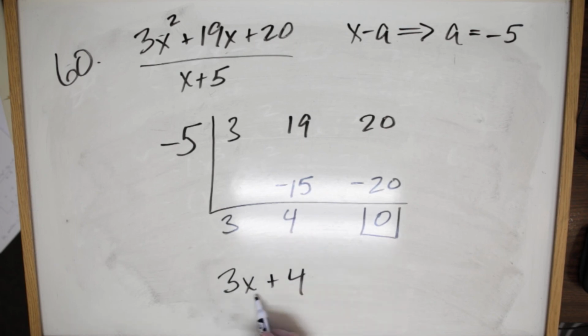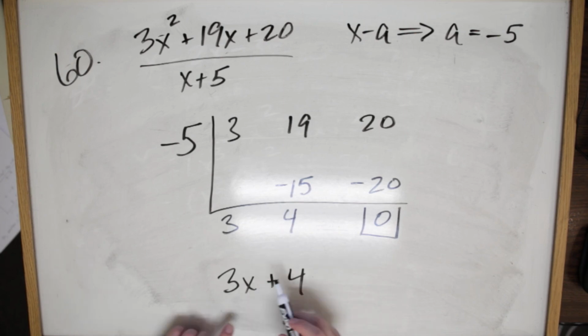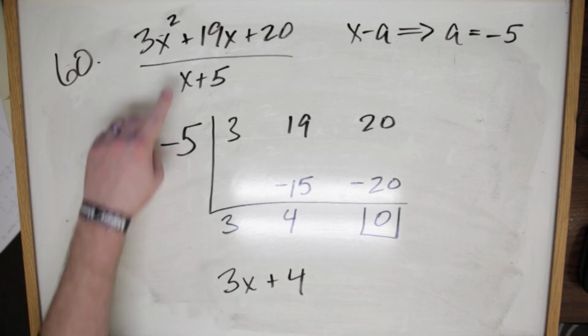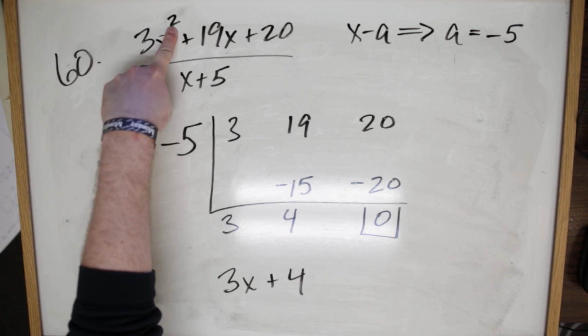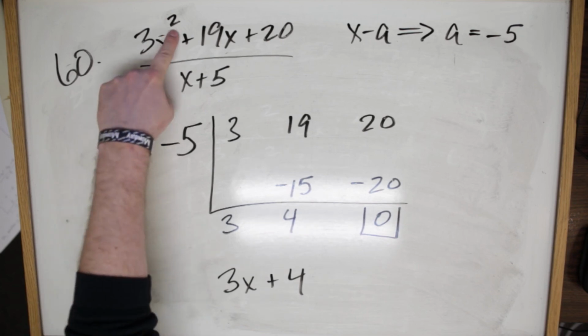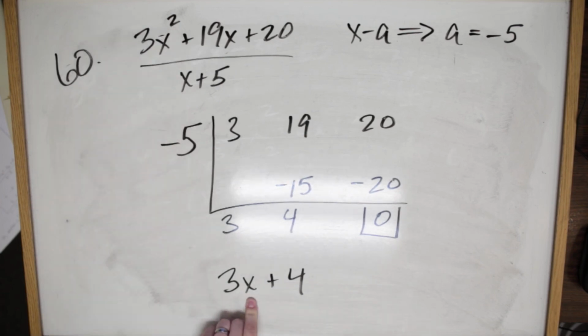Now the variable, let me just point out, the variable that you start with is going to have one less exponent than the highest one up here. So because I started with a 2 as the highest exponent, my solution is going to start with an x to the first.